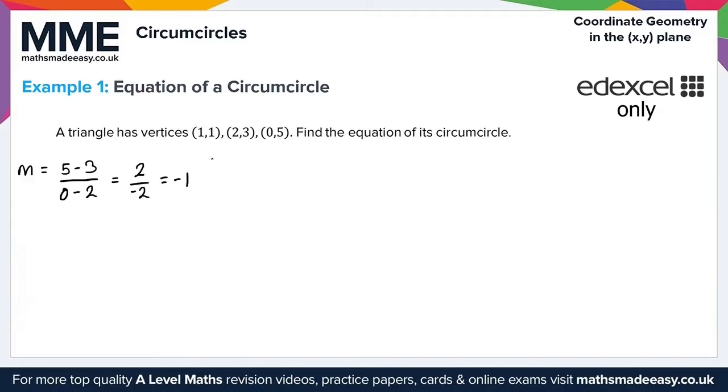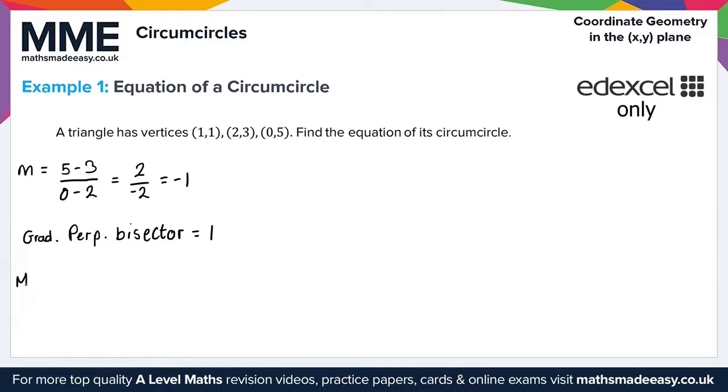So the gradient of the perpendicular bisector is the negative reciprocal, which in this case gives us 1. So the gradient of the perpendicular bisector is simply 1 for these two coordinates.